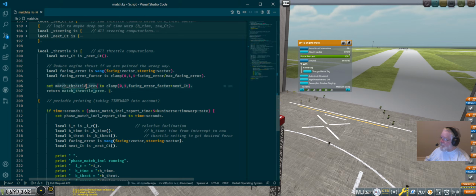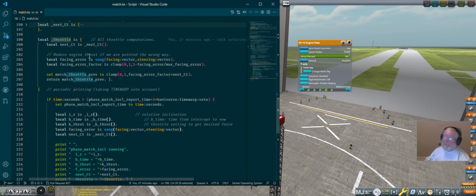And we're going to remember this as the match throttle previous value that we used in the previous one. And this underscore throttle is going to be what we actually use to set the throttle. Now I could have match throttle prev set above here, but what I want to do is if we go off center and we kill the throttle and we come back on center, I'm going to start over from 0. If we don't need 60% throttle, we're going to wait some more. So that's throttle.